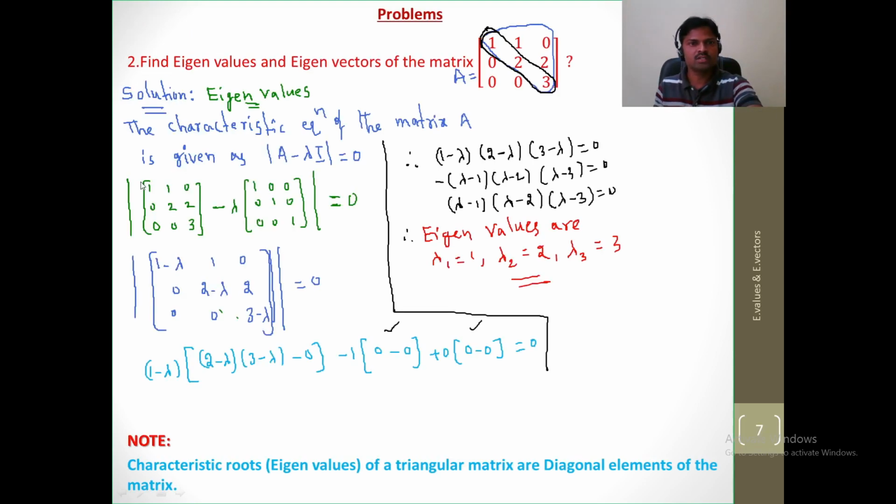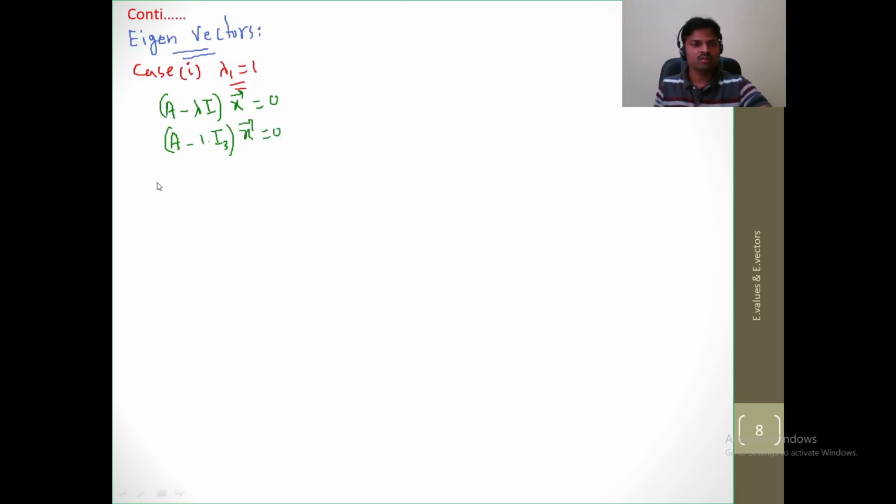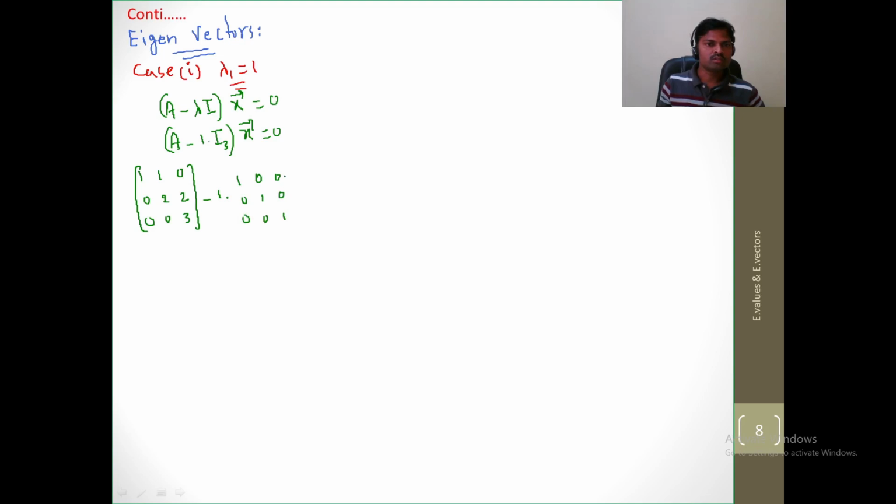A is 1 1 0, next 0 2 2, next 0 0 3. This is matrix A, an upper triangular matrix. Matrix A minus 1 into the identity matrix of order 3 by 3: 1 0 0, 0 1 0, and 0 0 1.